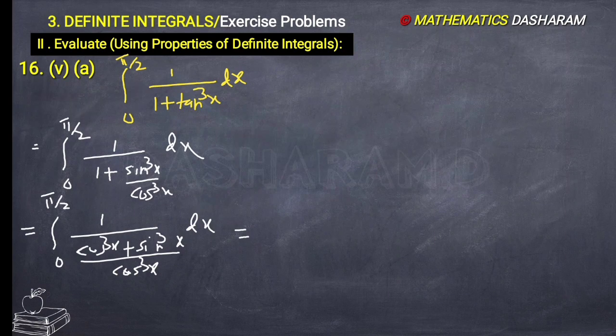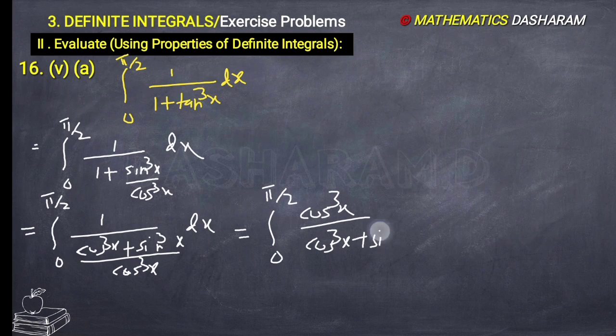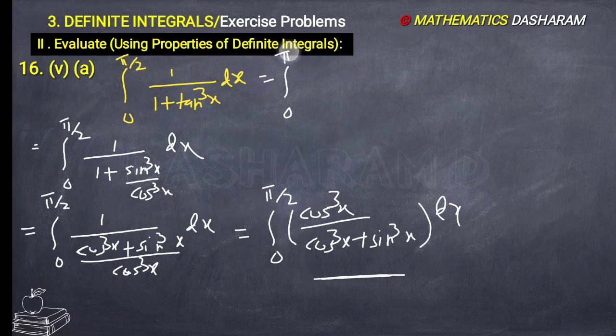So then it is equal to integral 0 to pi by 2 of cos cube x divided by cos cube x plus sin cube x whole dx. So the question is simplified as integral 0 to pi by 2 of cos cube x divided by cos cube x plus sin cube x dx.